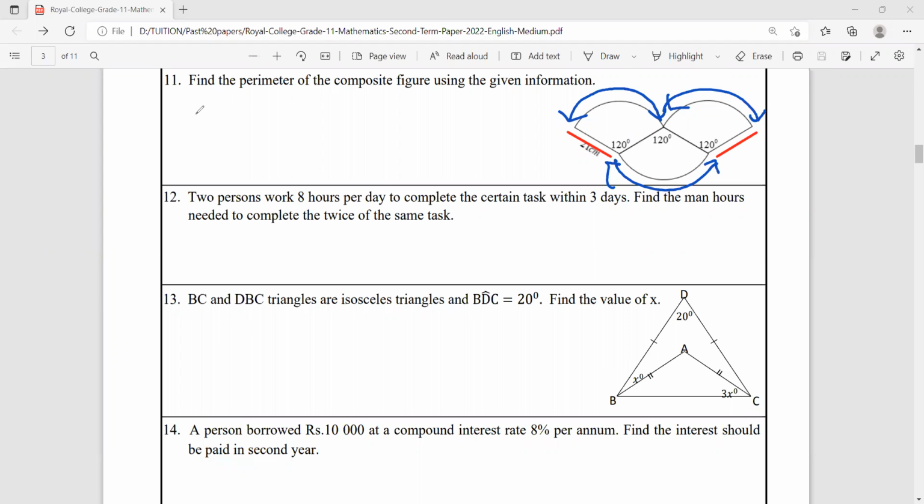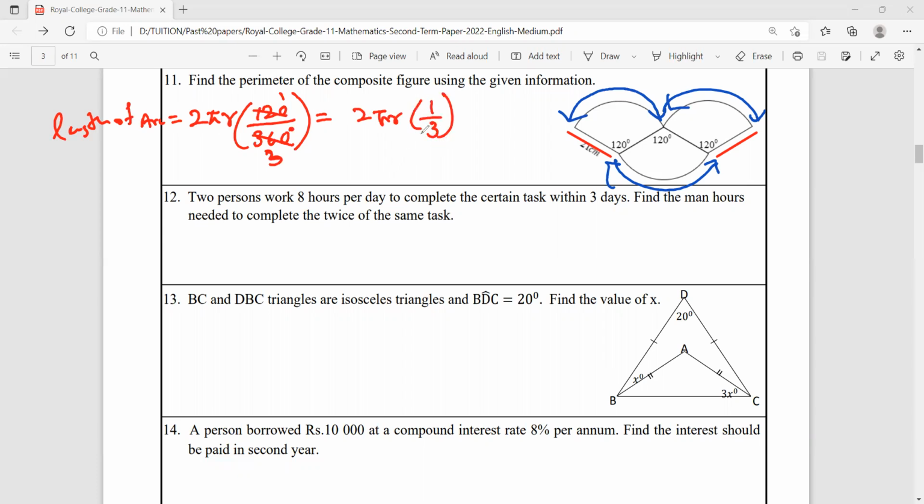We'll find the length of this arc, that is 2 pi r into 120 over 360. That is exactly 1 over 3. This is the length of one arc, 2 pi r into 1/3.